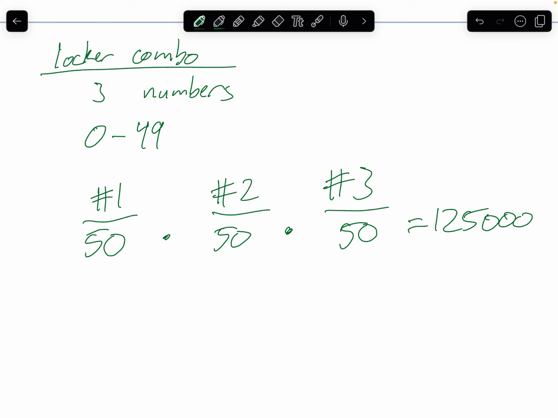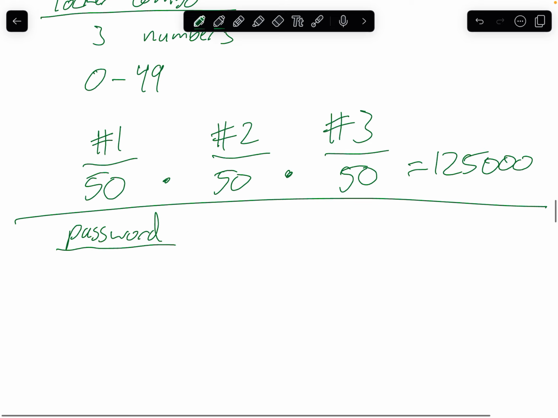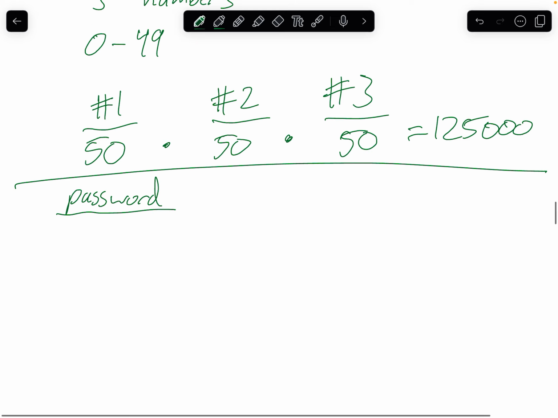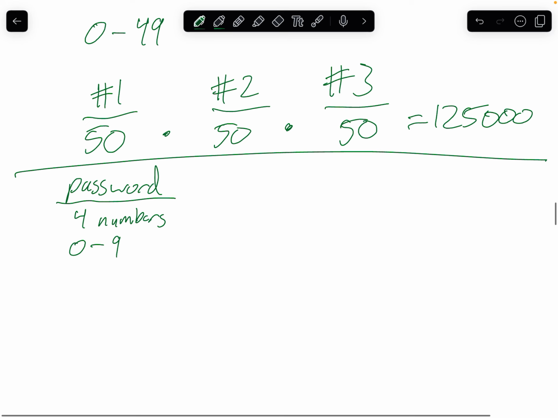All right. We can see a similar process when we're looking at passwords. Okay, so if we're looking at passwords, let's say for your phone, right? We're going to have 4 numbers. And we have from 0 to 9. 4 numbers from 0 to 9.